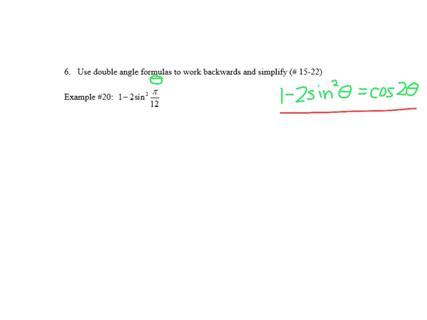So we're going to write it as cosine of 2 theta. Now, what is theta? Well, theta is whatever is inside the sine squared. So it's 2 times pi over 12. And of course you have to simplify that. And once again, the same rule. 2 times pi over 12 is cosine of pi over 6.